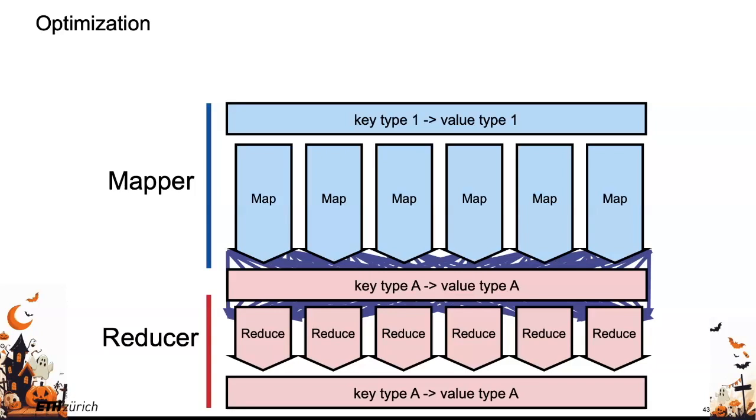Mapper and reducer are just normally the name of the Java classes or the Python classes that you want to use to do that. But I'll explain to you next week that you should not use the word mapper and reducer when you speak about MapReduce. It's a very bad idea because it's very confusing. So this would just be the name of the Java classes that implement the map and reduce function.